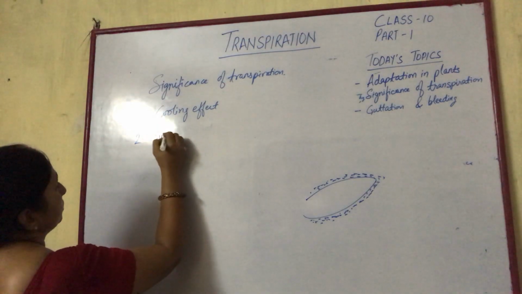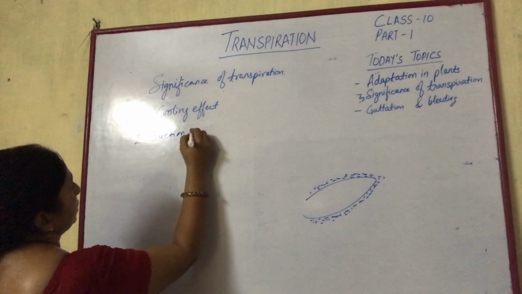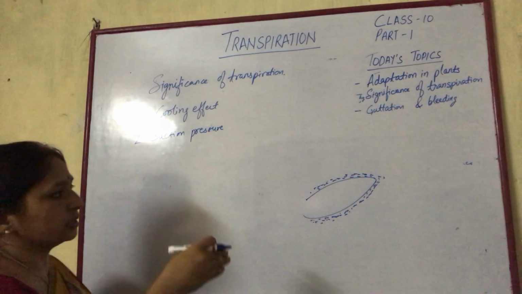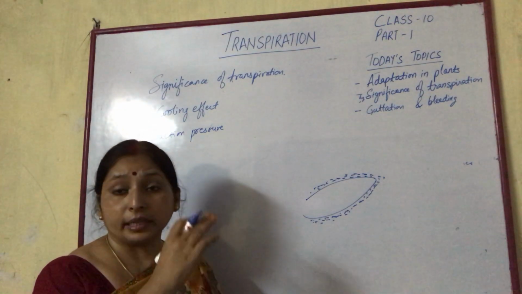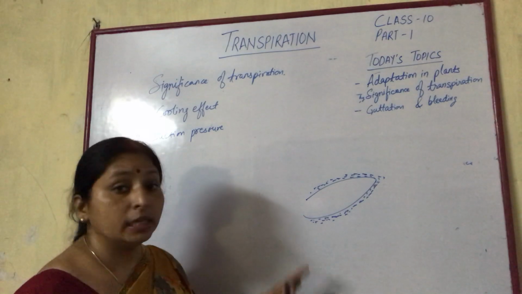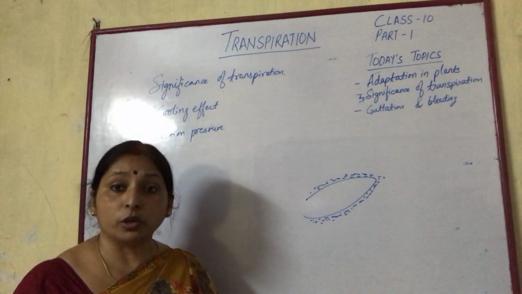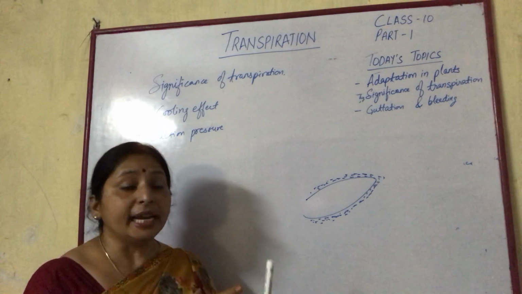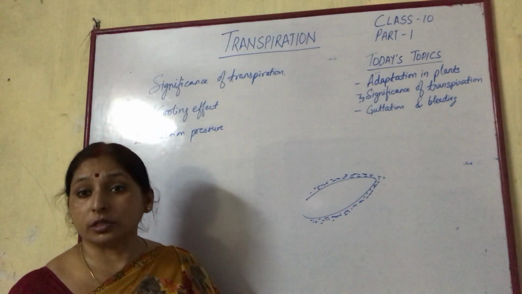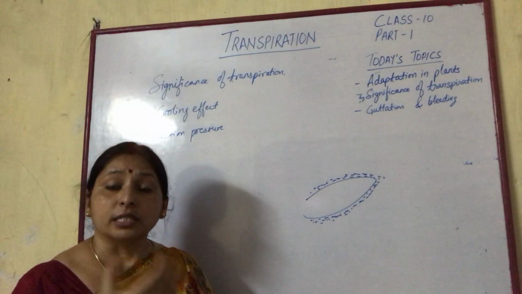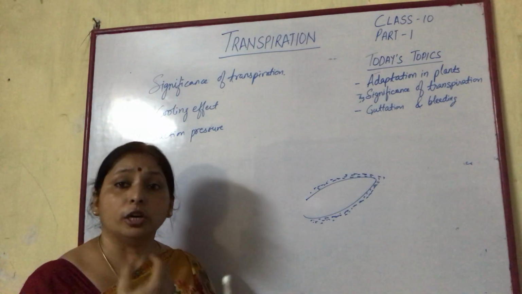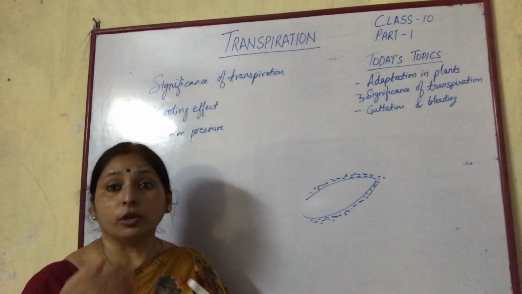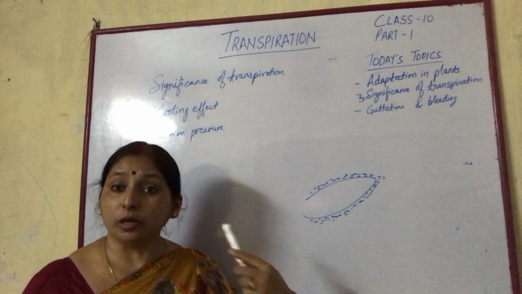Then next is suction pressure. This we have studied and discussed in the first diagrammatic structure: the drawing of water, or evaporation of water from the intercellular spaces through the stomata towards the outside, results in creating a suction pull into the midrib or the vein, then from the vein to the tracheids and vessels, and then drawing water from the tracheids and vessels from the lower parts of the plant.